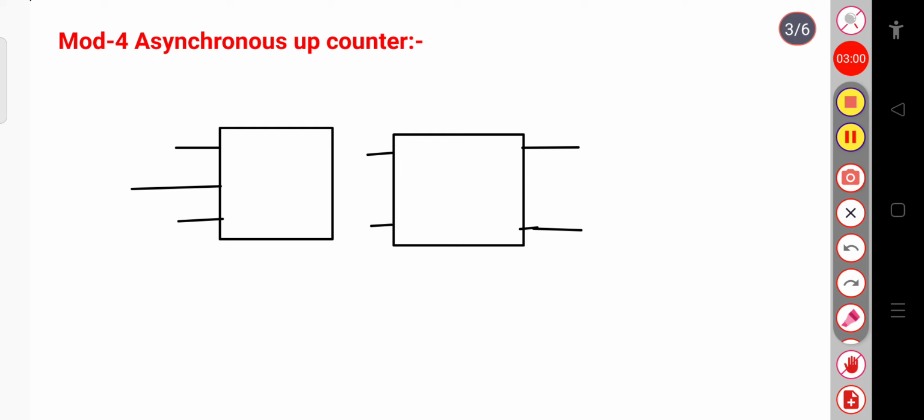If you can remember, I have already told you that in case of positive edge triggering, we have to simply put the clock like this. This is our positive edge triggering, and here also this arrow represents the positive edge triggering.